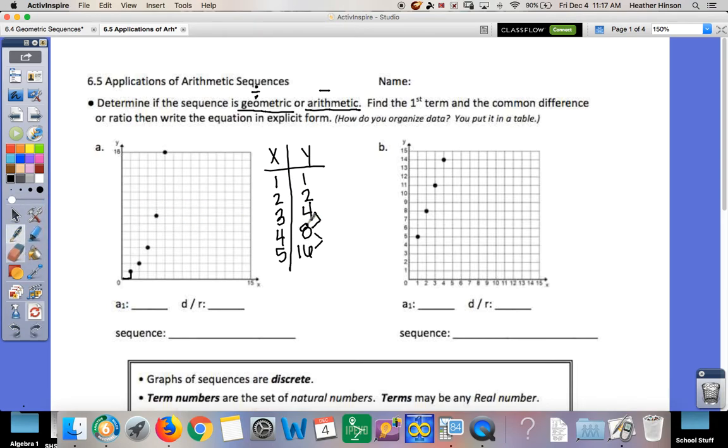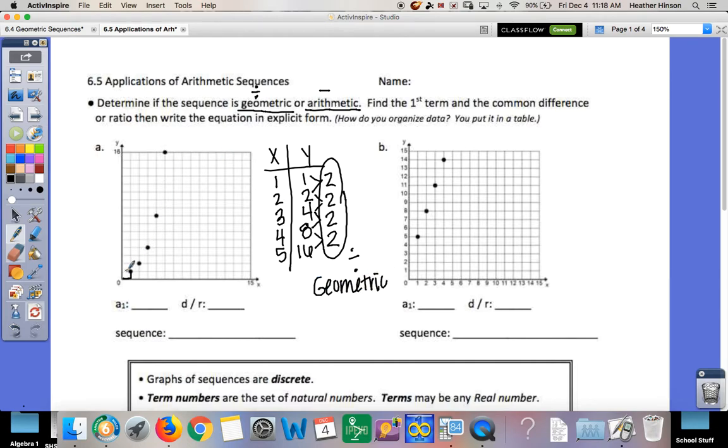So we can try division. 16 divided by 8 is 2. 8 divided by 4 is 2. 4 divided by 2 is 2. 2 divided by 1 is 2. So we got the same number when we divided, so this is going to be geometric.